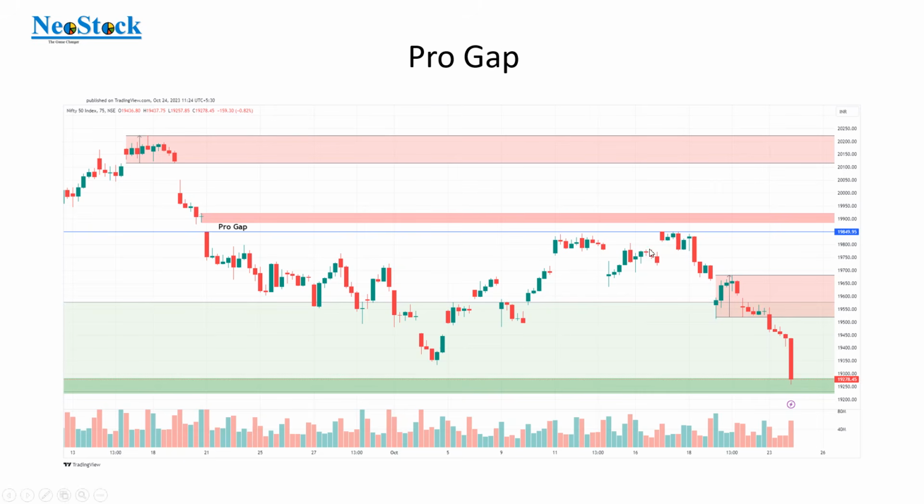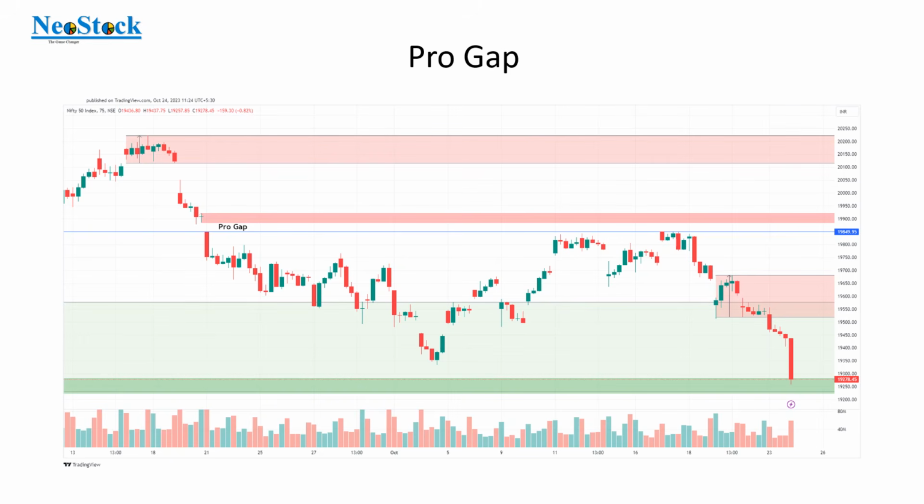So this is what we should understand, how powerful these professional gaps are. That's why we call professional gaps either bullish or bearish. If the professional gap is near the demand zone, we call it a bullish gap. If the professional gap is at the supply zone, we call it a bearish gap.